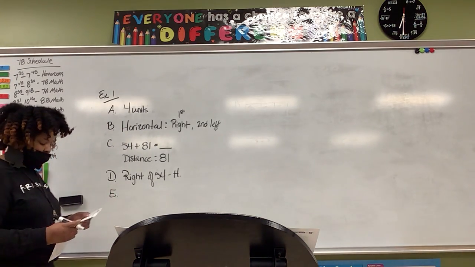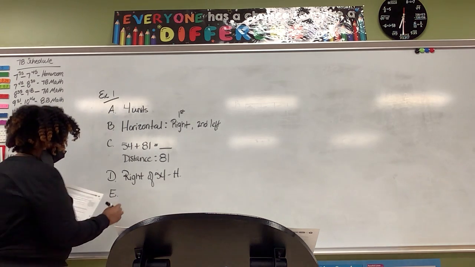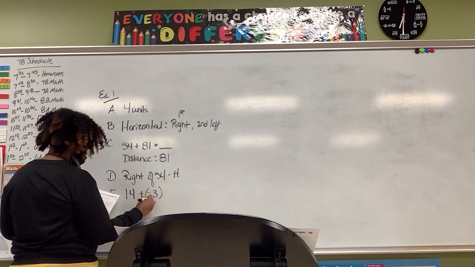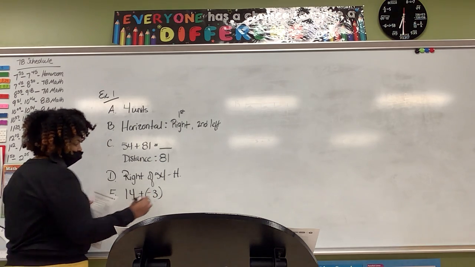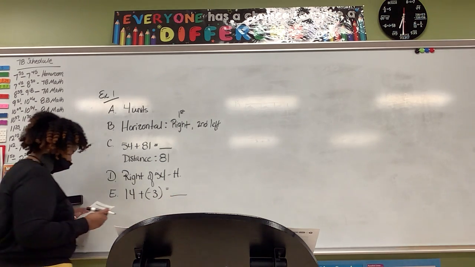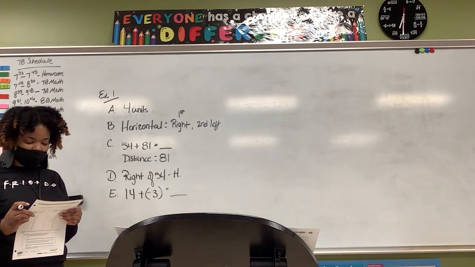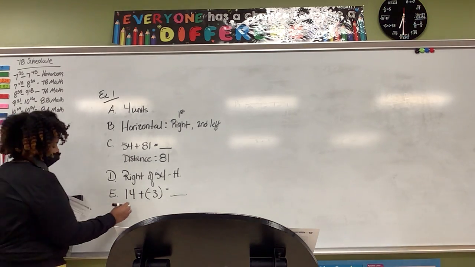E. Given the expression 14 plus a negative 3, determine without finding the sum the distance between 14 and the sum. What is the distance?